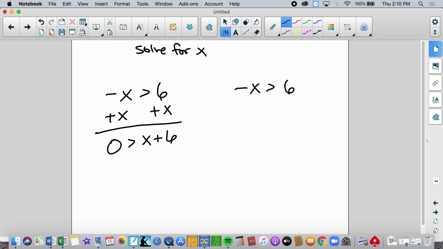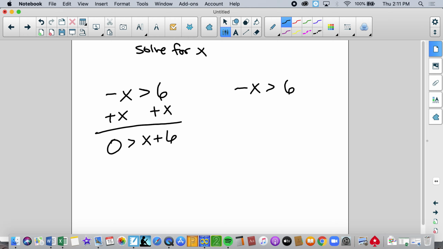When we move it across, notice it goes from my solutions being greater than to my solutions being less than. So this is physically moving this across to make it positive. When we move it across to the other side, the inequality moves itself. It becomes the opposite of what it was.